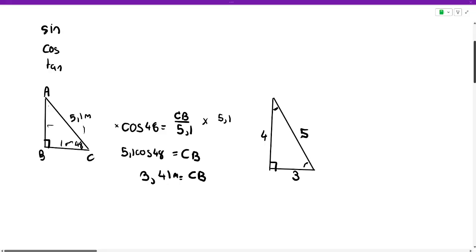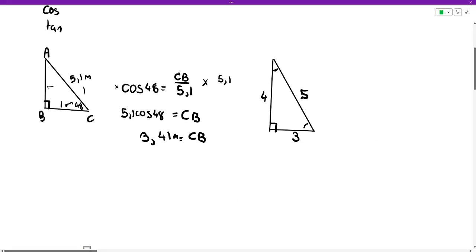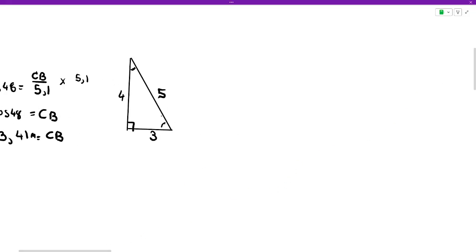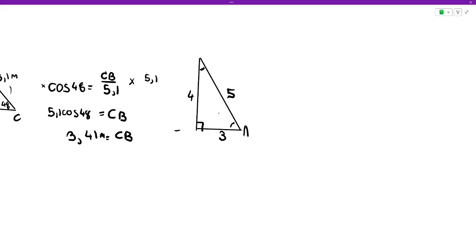First we need to set up the equation. Trigonometry is all about setting up your equation. If you cannot set up your equation correctly, your answer will definitely be wrong. So in this case, let's say this is angle A, B, and C. Let's say they want to solve for A. Right. Now, there's many things we can do.